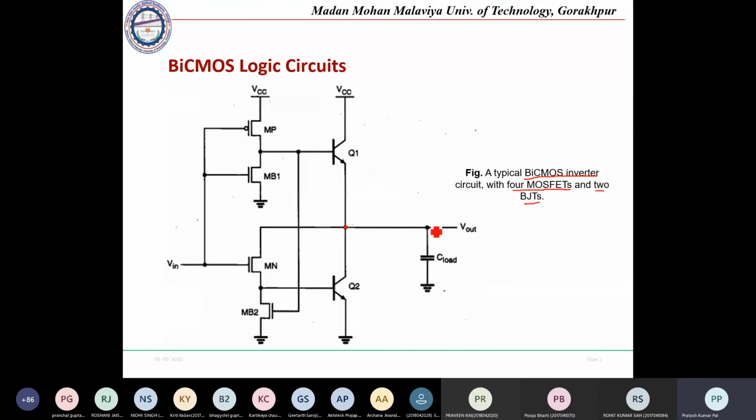Whatever next stage we are going to connect will be driven by the output of the bi-CMOS logic. That output will be having a better or large current because the BJT is connected at the output. So it can handle a large number of next stages, or you can say its fan out will be high. We can call it the fan out will be high in case of the bi-CMOS logic. And this is how the connections will be there.